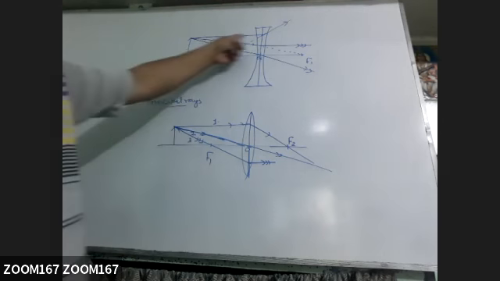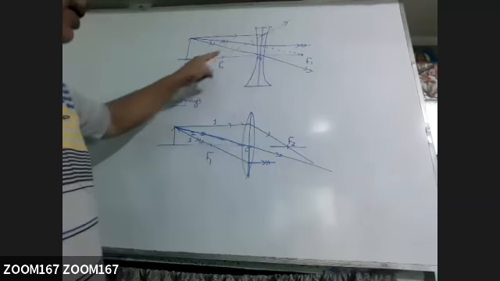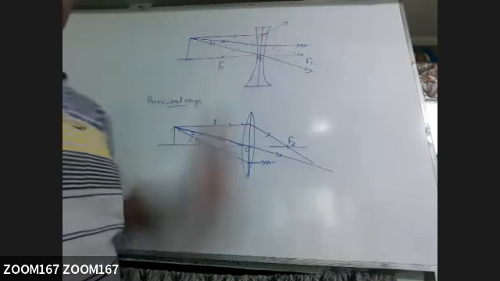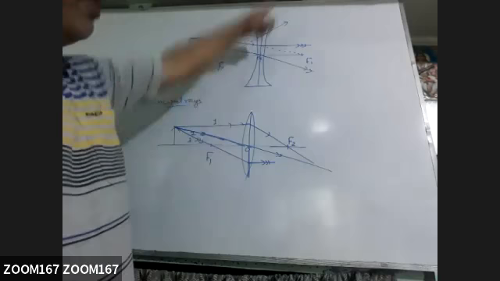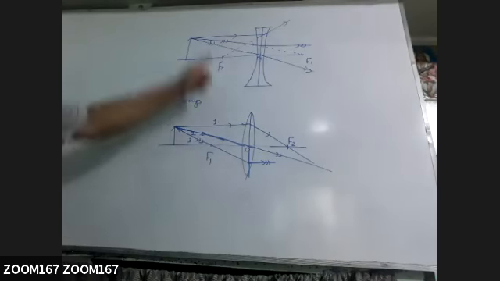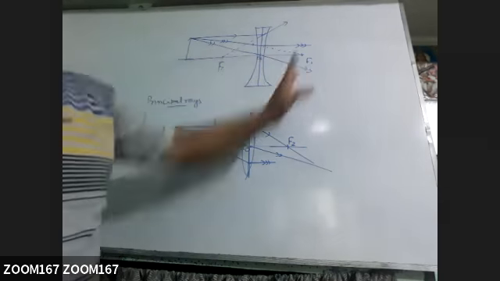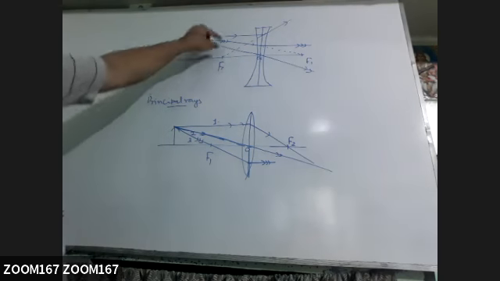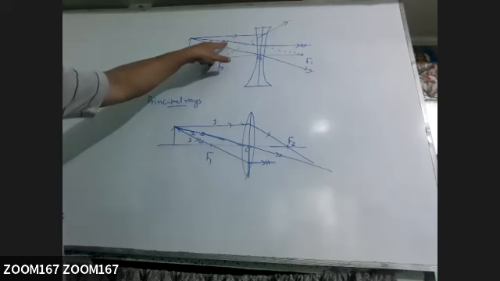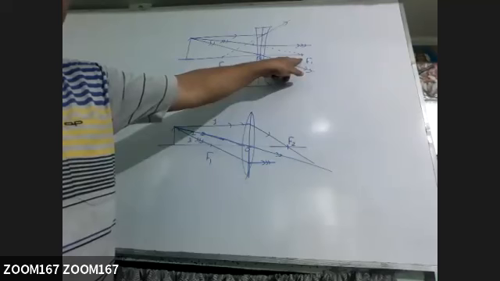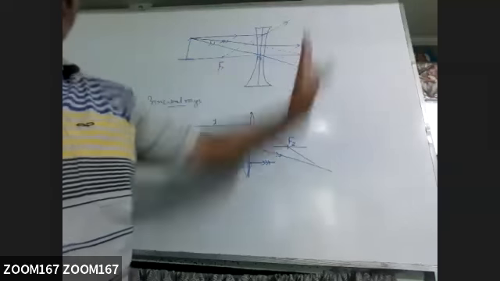One ray parallel to the principal axis will diverge from F2. So we'll join this point F2 and the point of incidence and produce it forward. Second, passing through the optical center. Third, if this is not possible, then we have to take this one, that is appearing to pass through F1. It will become parallel.